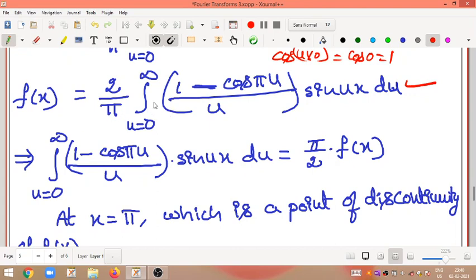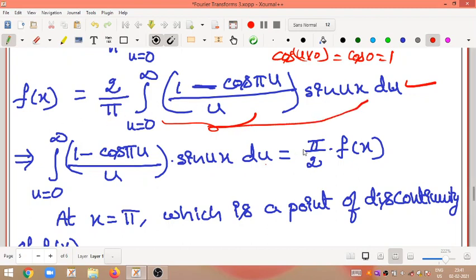Now we want to isolate this term, so that's why this term is taken to that side. The integral from u = 0 to infinity of (1 − cos πu)/u into sin ux du, we keep as it is.